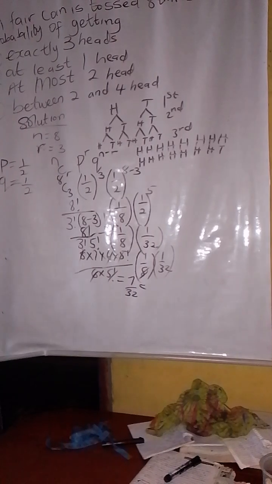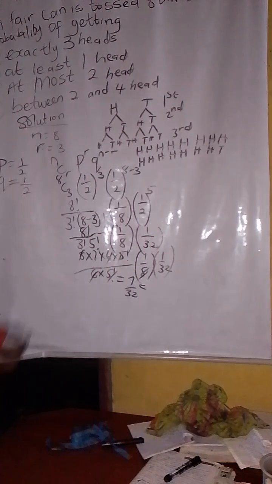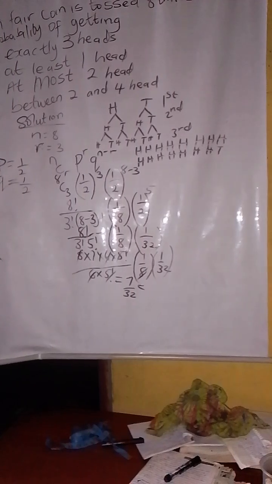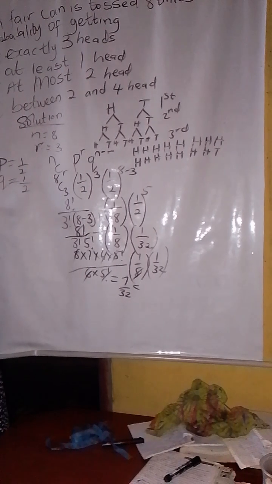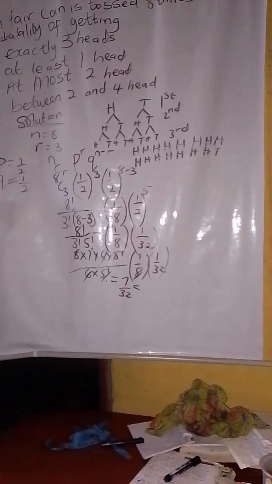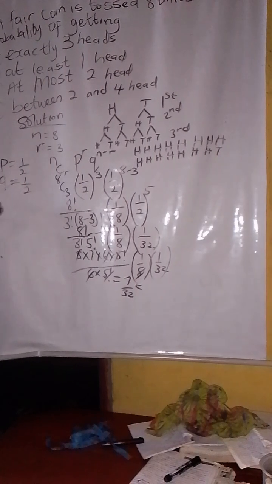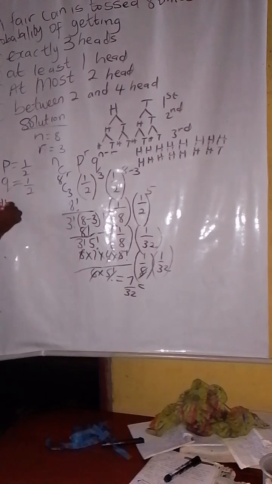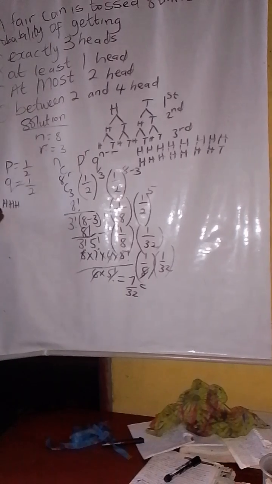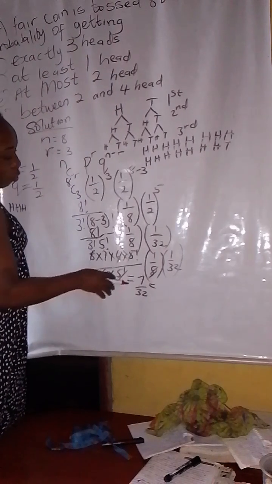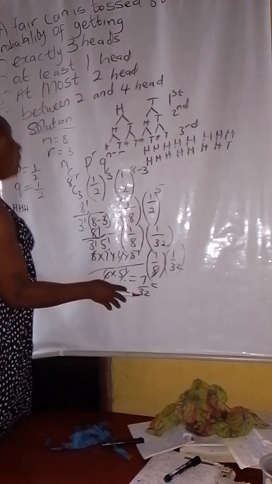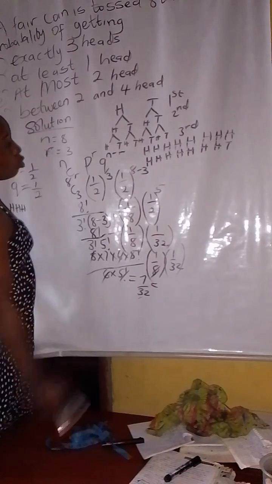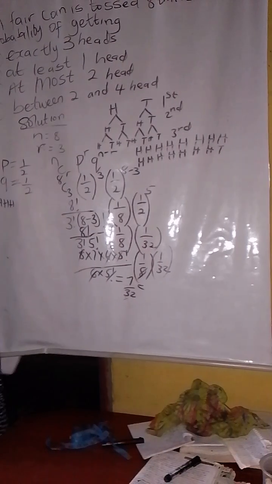That's exactly 3 heads. Exactly 3 heads. It's telling us that for 3 heads we have 7 outcomes out of 32.